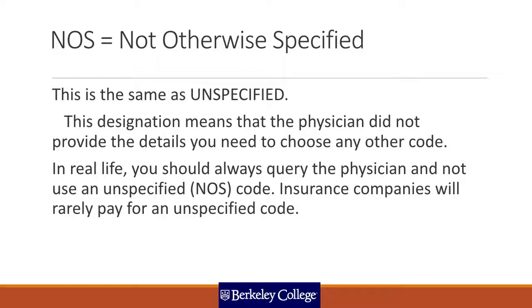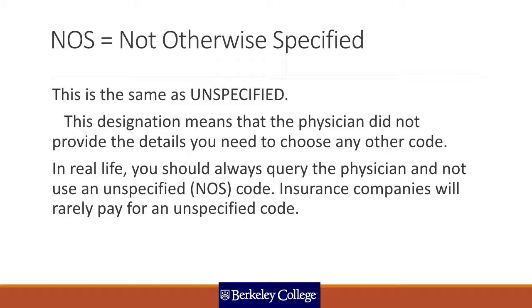For example, if we continue using a scenario similar to the one we just mentioned, Dr. Moss writes that the patient has an infection. In the code book, there is a specific code for infection A and infection B and infection NEC or other specified infection and infection NOS unspecified.